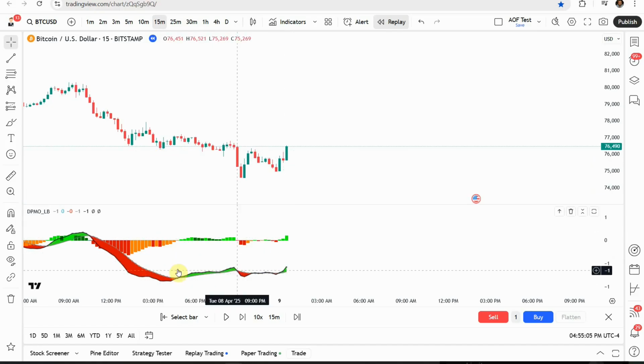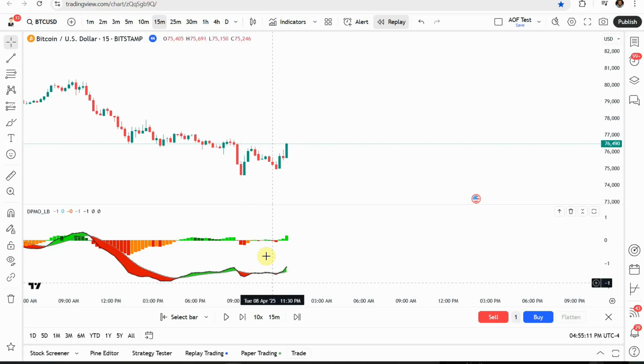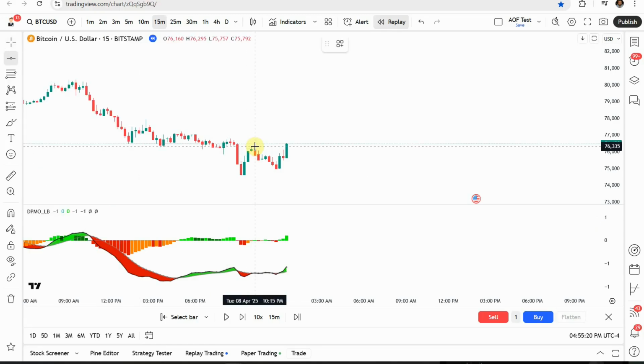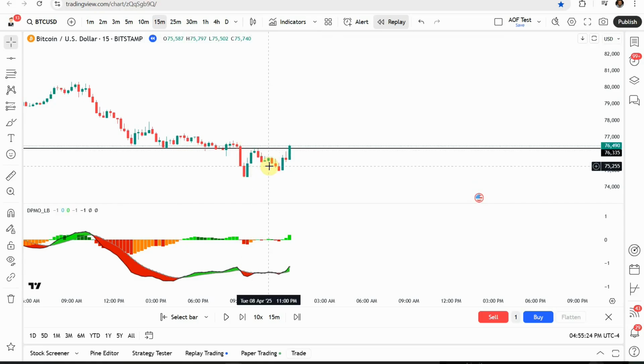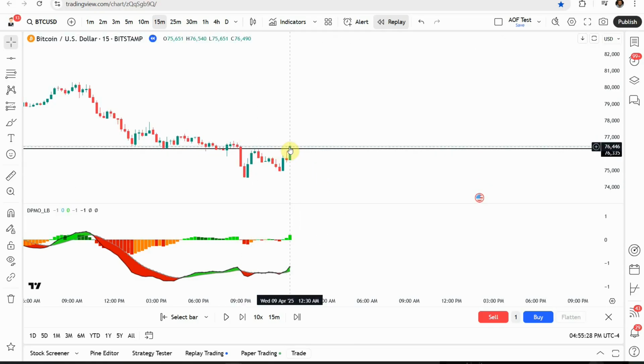And so once we've spotted a divergence, at the point where we get that divergence, so this point right here where we've made this low, what we would do is mark a line at the highest point of this pivot that's formed right here. And then what we're looking for is when price breaks above that line.